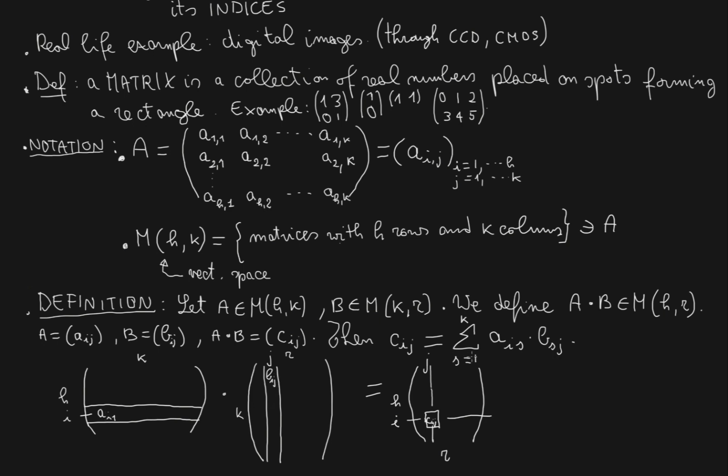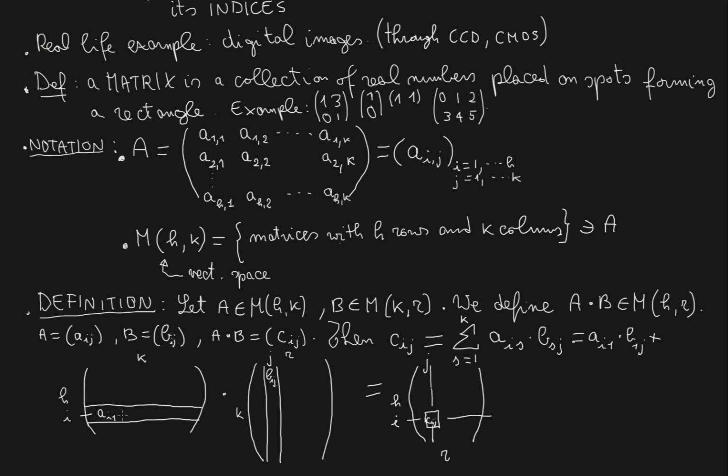So for s equal to 1 we multiply ai1 times b1j. This is the first summand: ai1 times b1j.